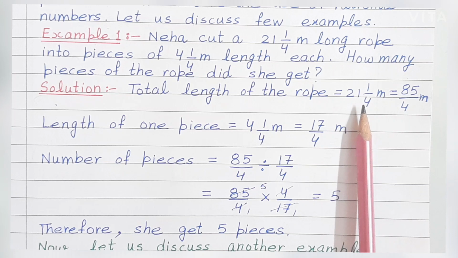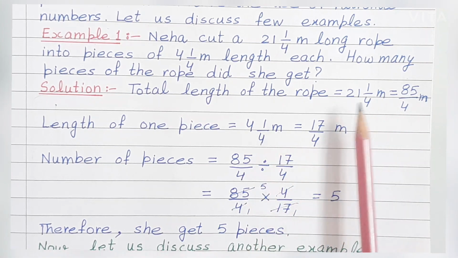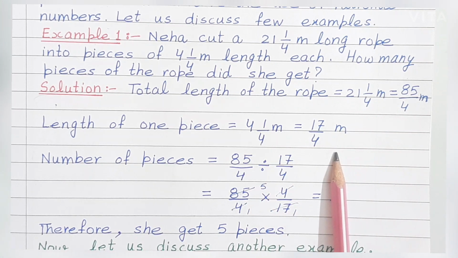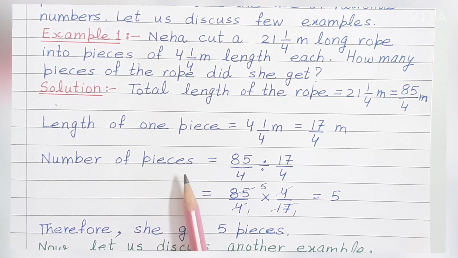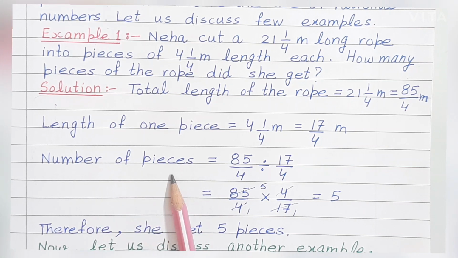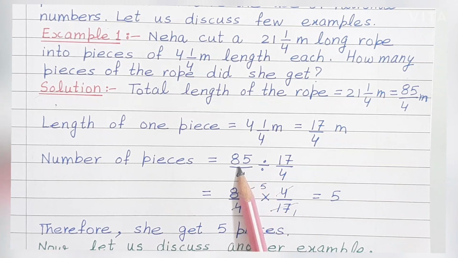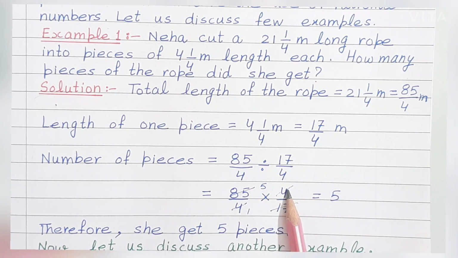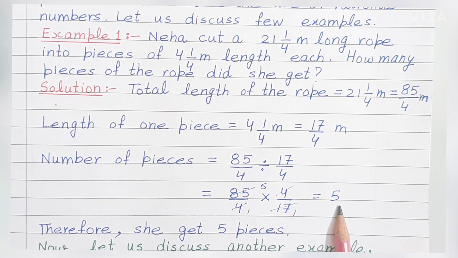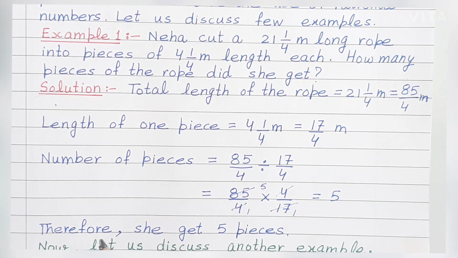So we have converted both the mixed fractions into improper fractions. Now how to get number of pieces? We'll divide the two, that is 85/4 divided by 17/4. So after solving this, the answer is 5. Therefore, she gets 5 pieces. I hope it is clear to everyone.